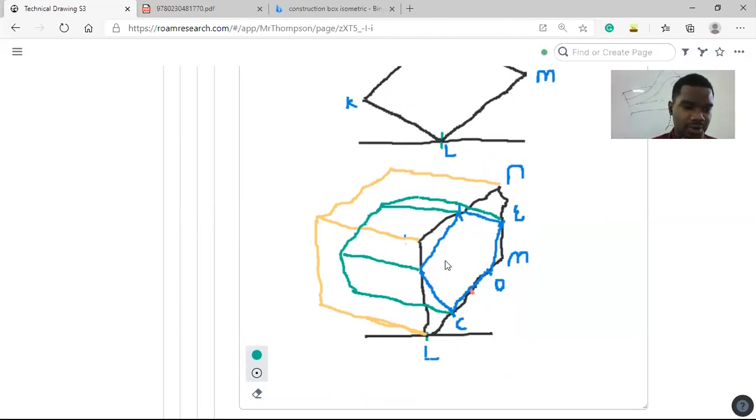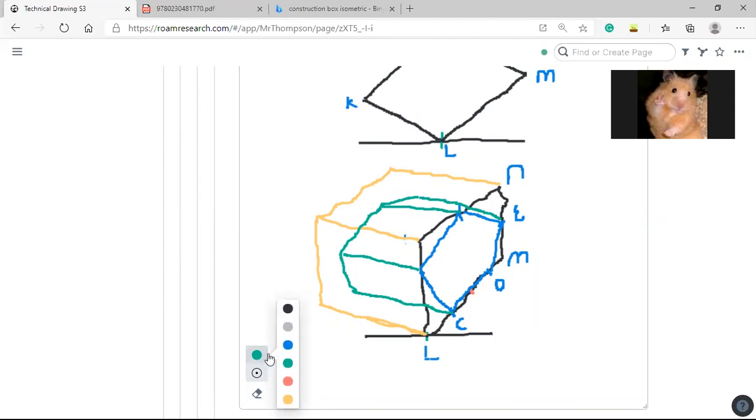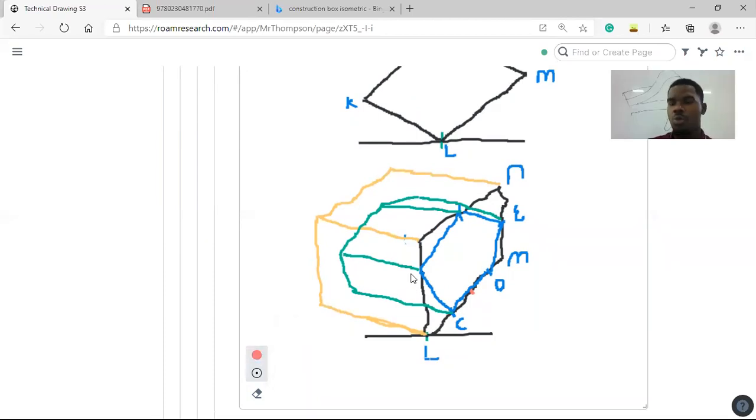But let me ask a question. Did I have every side shown, or are there some hidden lines that are to be there? Sure, there's some hidden lines. So do we still draw that with dotted lines? Right, you're gonna draw it with dotted. So let me just use red, because red dotted lines are perfect to show what I can't see, the hidden lines. So you can't really see below the object.